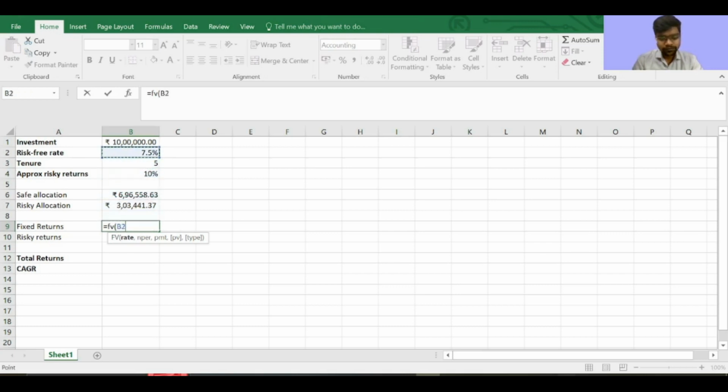It is asking for rate and tenure, payment, and then again we are going to put a negative and use this.